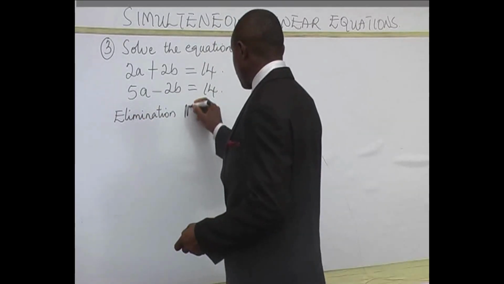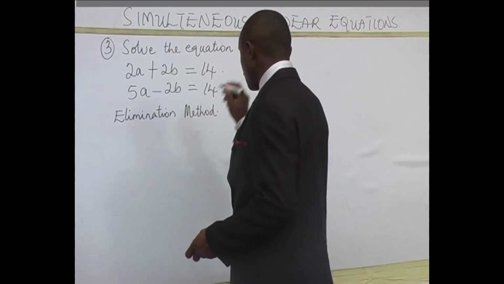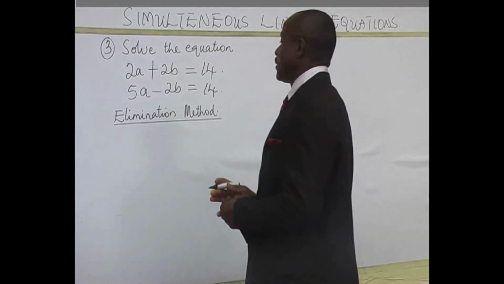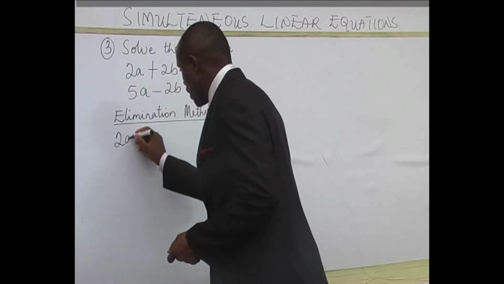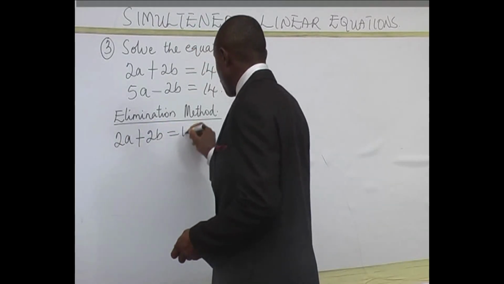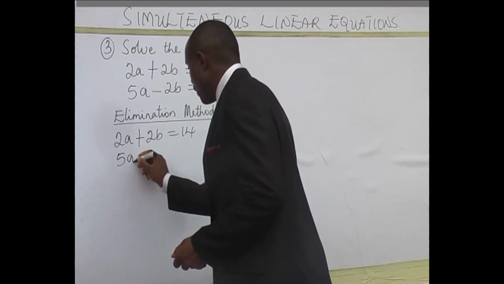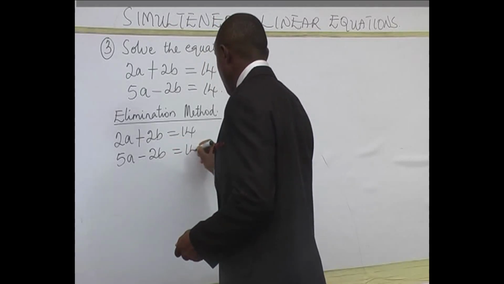In the elimination method, bring down the two equations. 2a plus 2b is equal to 14. Likewise, 5a minus 2b is the same 14.